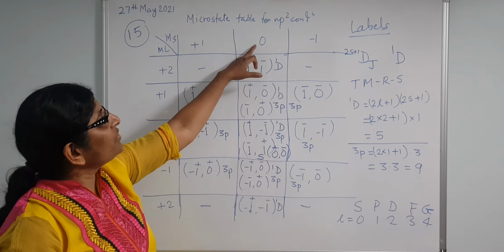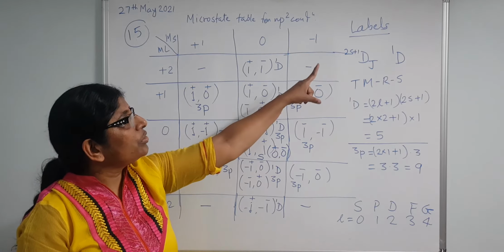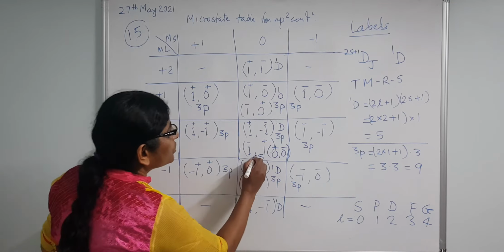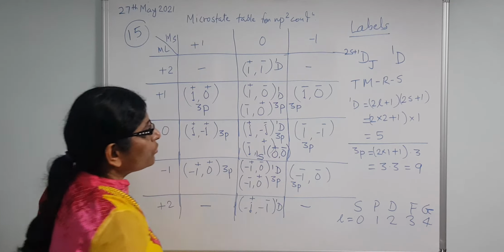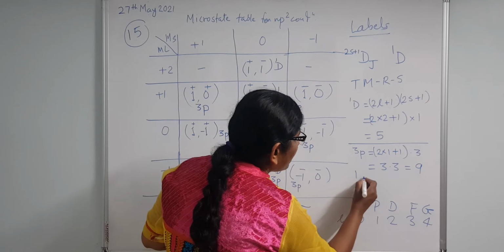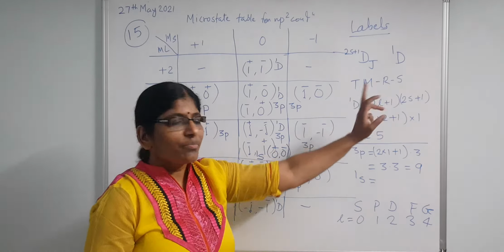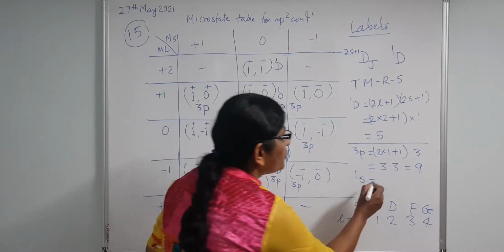And MS is 0, so substituting in the 2S plus 1 formula, 2 into 0 plus 1 will come 1. So that RS term will be 1S. The next RS term is 1S, and its total multiplicity will come 1.